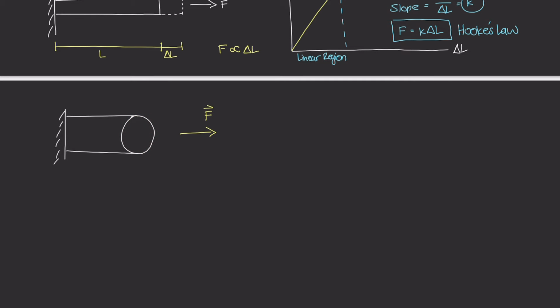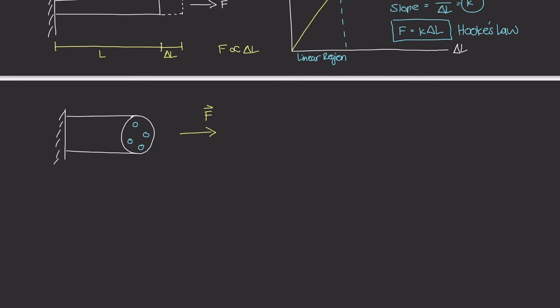Now, if we're talking about the molecular level, intuitively we can understand that the number of molecules on that cross-sectional area is directly proportional to the area. In other words, the bigger this cross-sectional area is, the more molecules there are of that material, right? So I'm just going to draw a few molecules here to represent that this cross-sectional area has molecules. This is a solid.